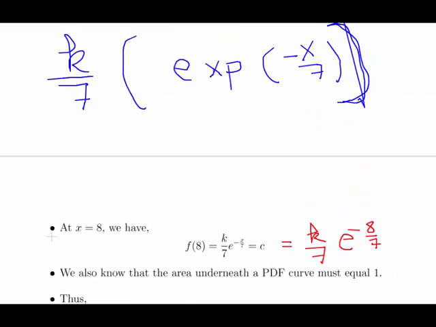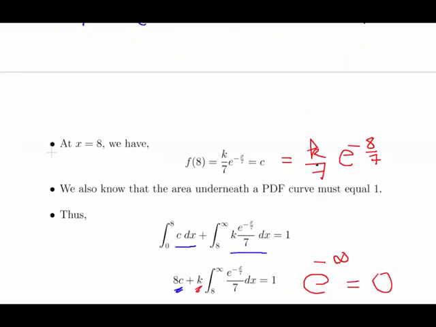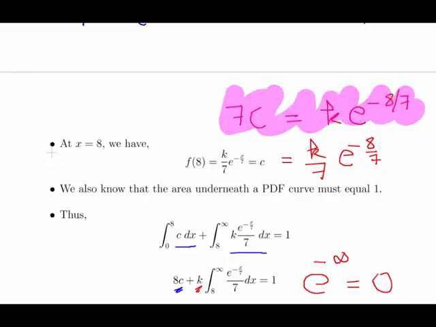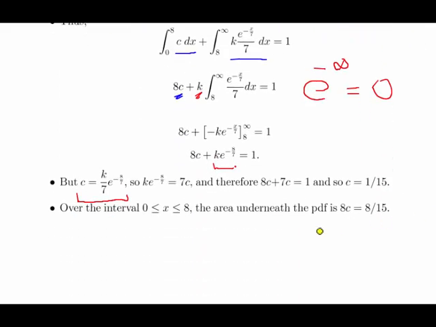So what am I saying here? That 7c, going back up here, is equal to k times e to the minus 8 over 7. That's our conclusion to this top part. Essentially we're saying 8c plus 7c is equal to 1, which means c is 1 over 15.